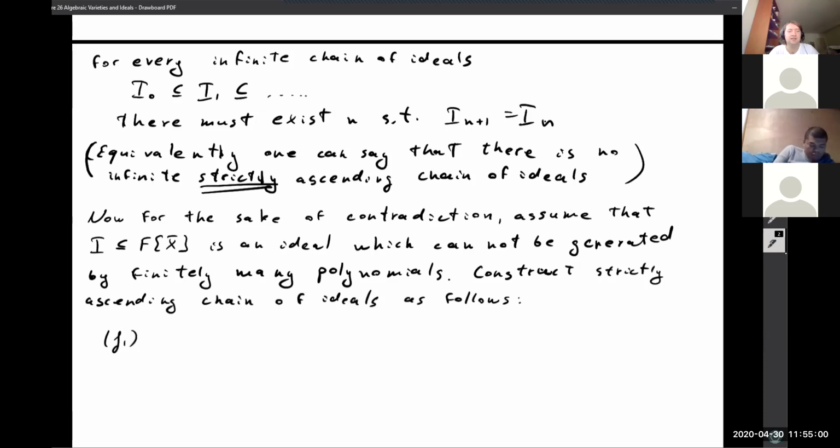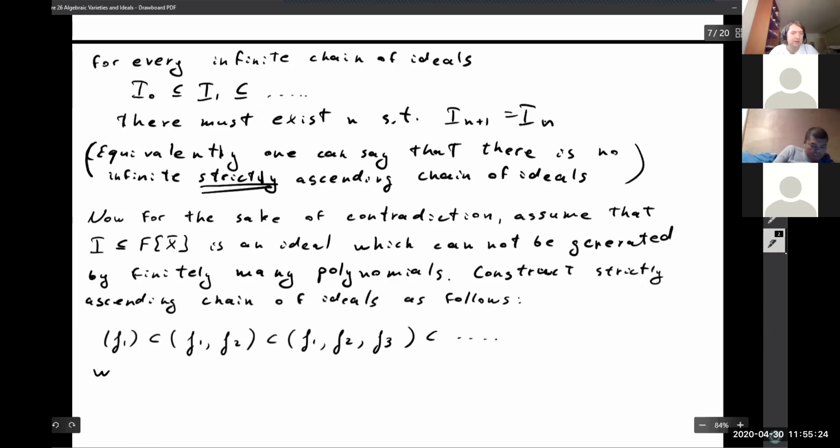Because I is not finitely generated, the ideal generated by f1 cannot be the entire I. So we can find another polynomial, f2, which is not in the ideal generated by f1. So we can take a larger ideal. Well, because it's still not the whole thing, we can take f3, etc., where fj belongs to I minus the ideal generated by f1 to f_{j-1}.